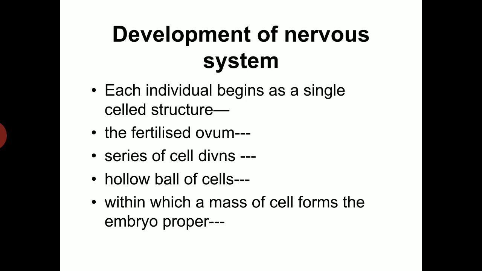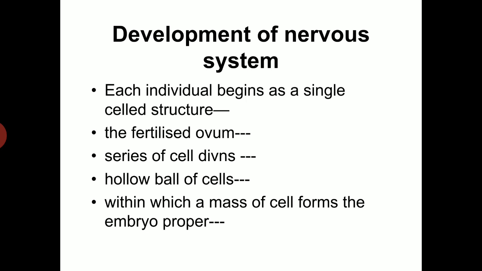Now, how nervous system is developed? Development of nervous system. Each individual begins as a single cell structure. First fertilized ovum, then a series of cell divisions occurs.